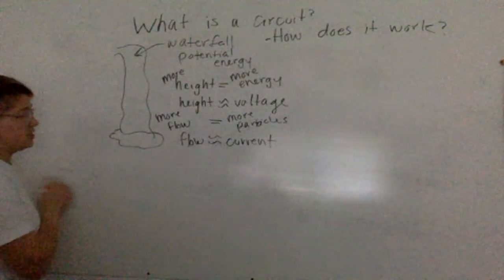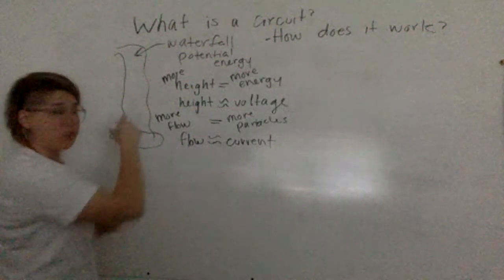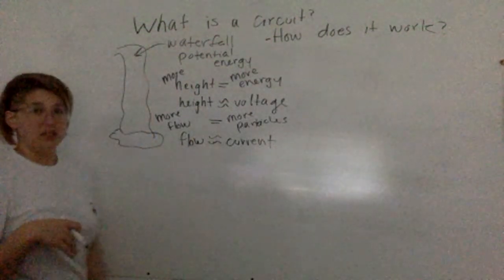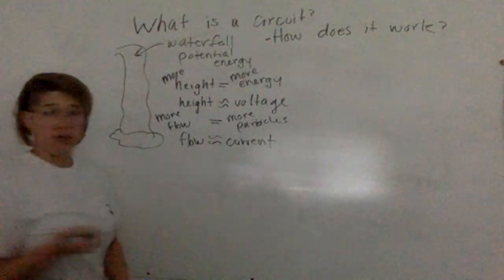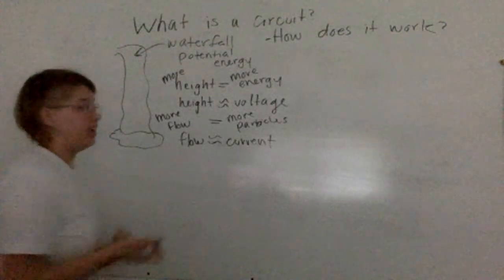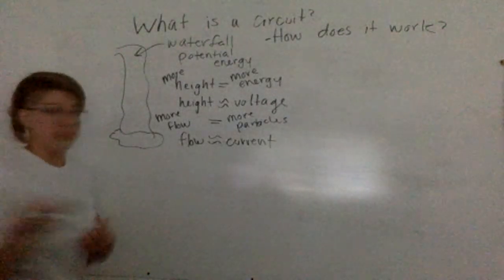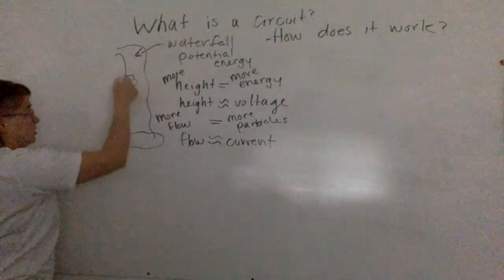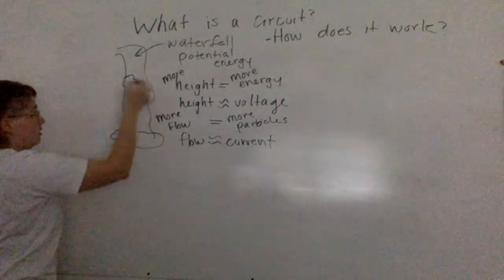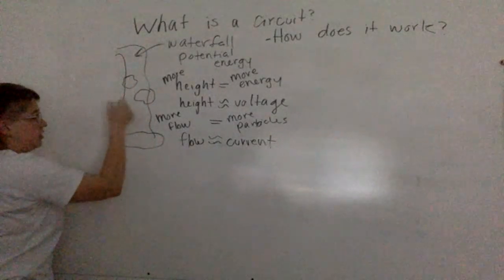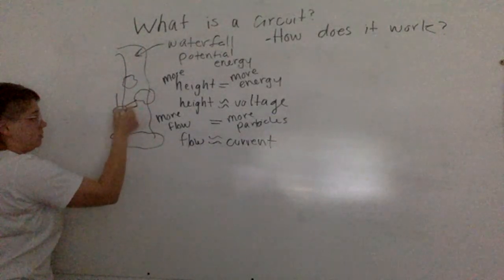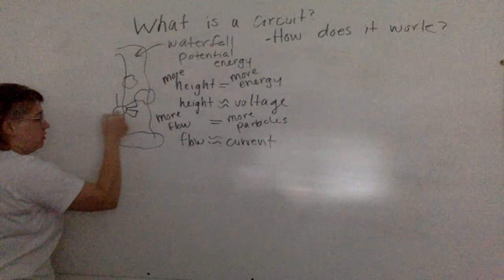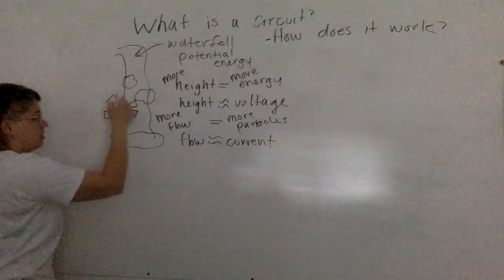The last piece of this is resistance. Right here, there's really no resistance, it just gets to fall, but you could add water turbines, or paddle wheels, or rocks. As you add rocks and terribly drawn paddle wheels, imagine, use your imagination, people.